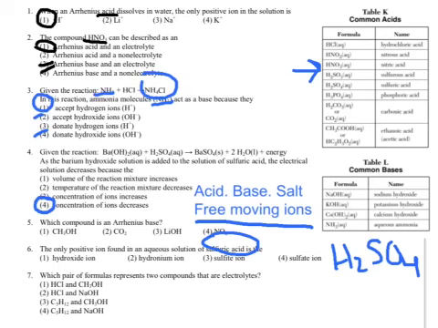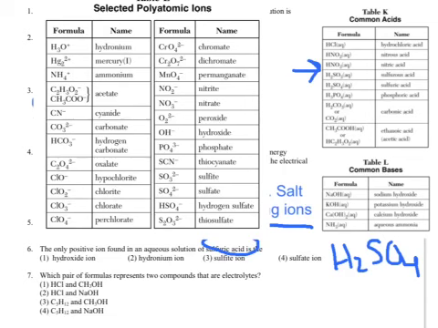We recognize this by the 3 capital letters. So whenever we have 3 elements in a formula, we have to refer to reference table E. On reference table E, you'll notice that sulfate can be found in the sulfuric acid formula.